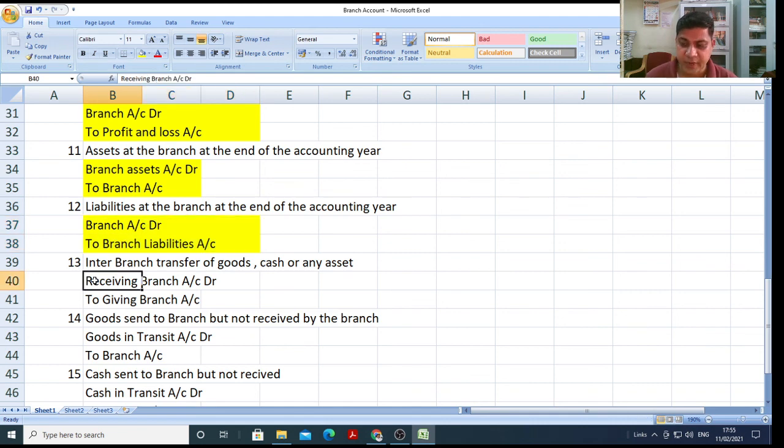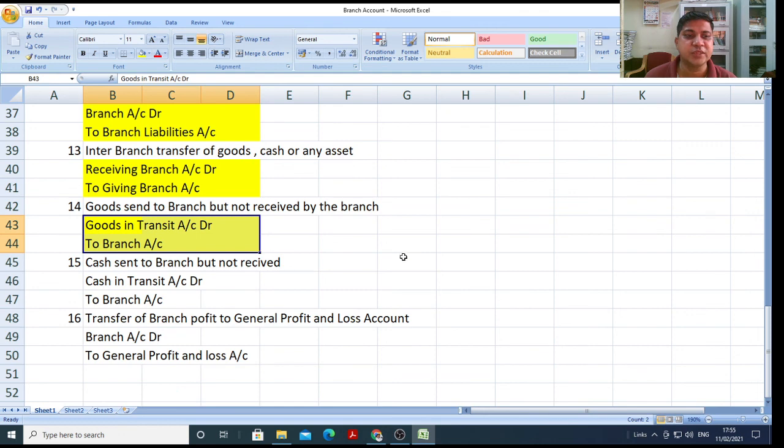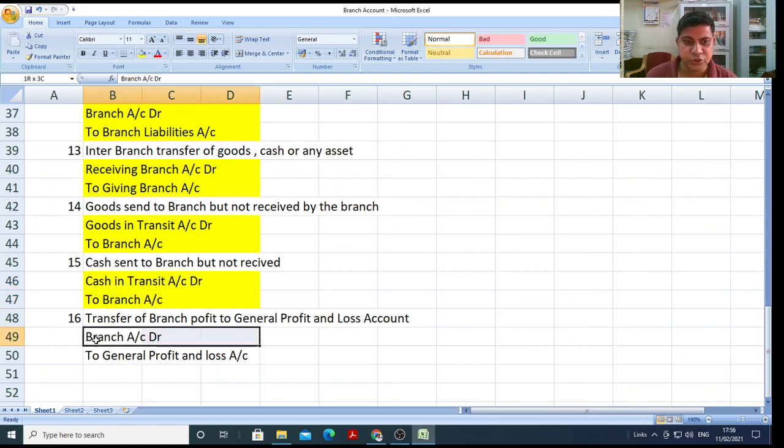Then inter-branch transfer of goods or cash or any other assets, receiving branch account debit to giving branch account. Goods sent to branch but not received by the branch, goods in transit account debit to branch account. Then cash sent to branch but not received, cash in transit account debit to branch account. Transfer of the branch profit to general profit and loss account, the branch account debit to general profit and loss account. So I hope you understood these kinds of journal entries which are very important.